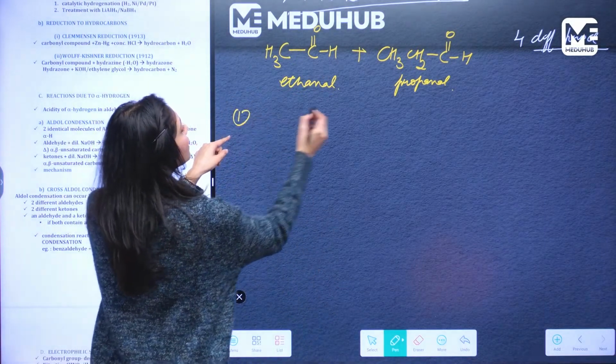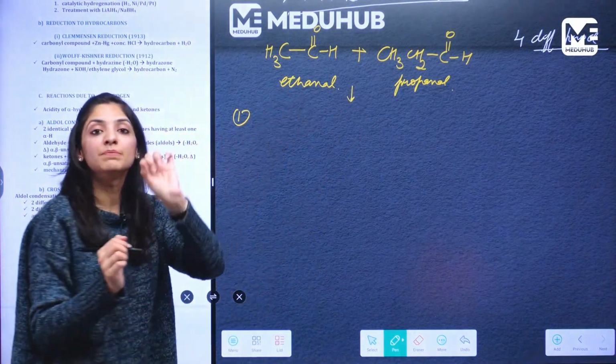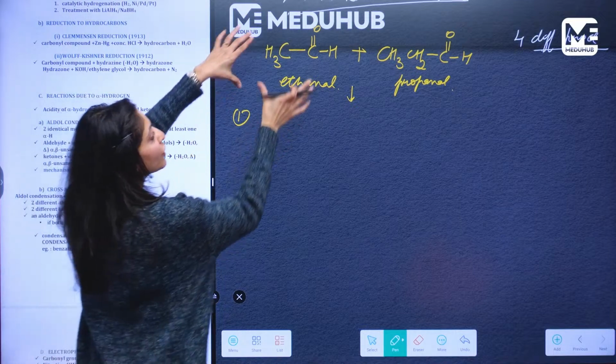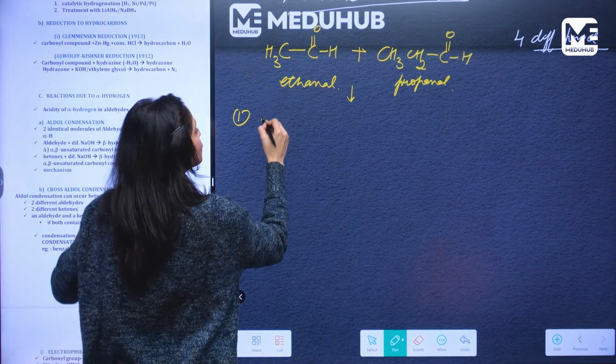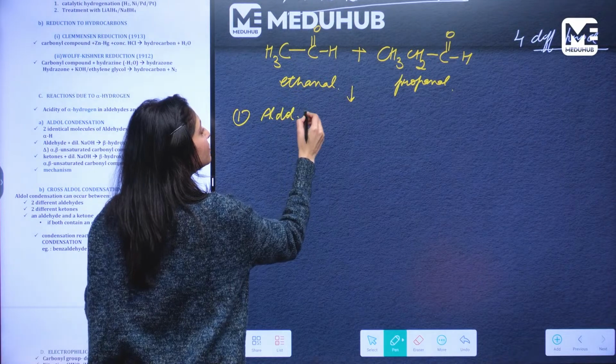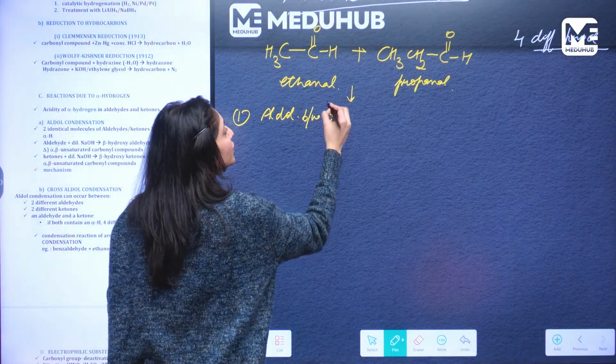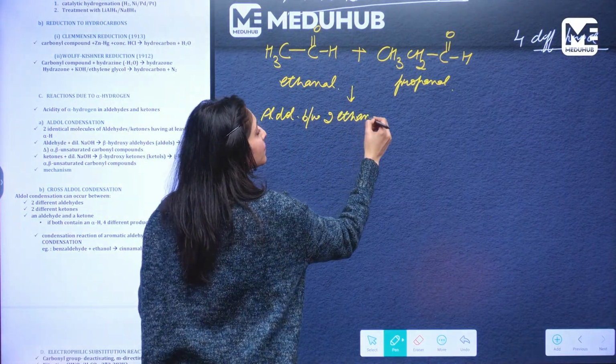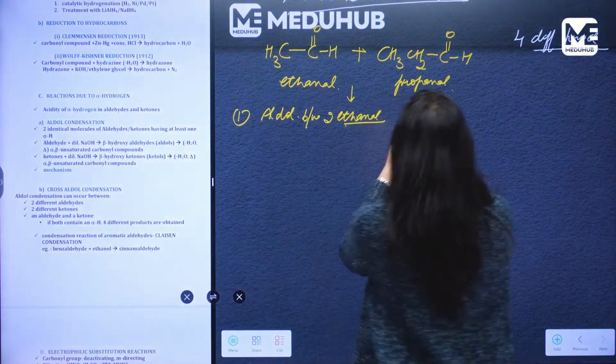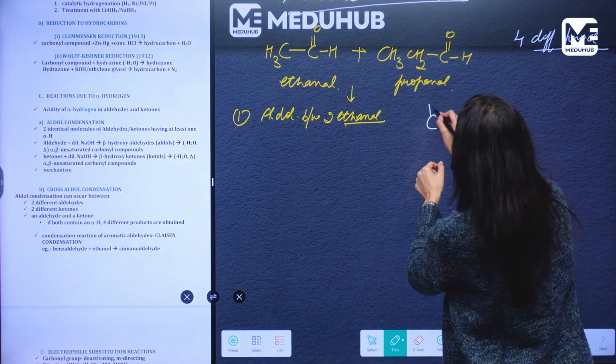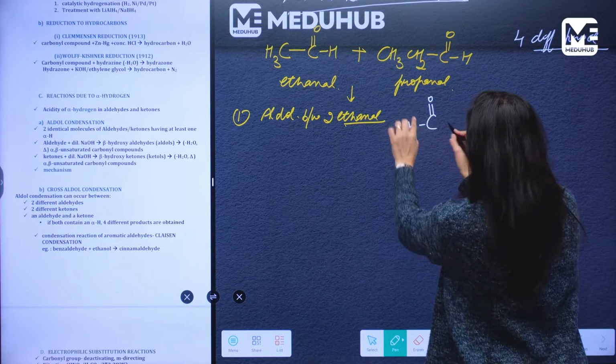The first product would be a simple aldol condensation product between two ethanal, right? So aldol condensation between two molecules of ethanal. This is the carbonyl carbon.